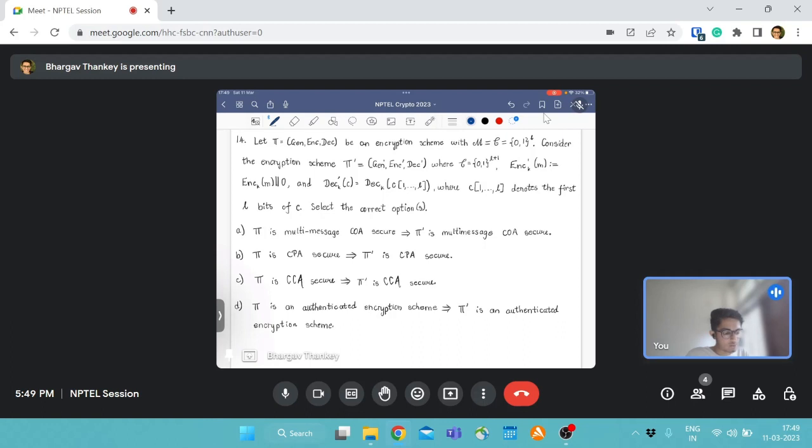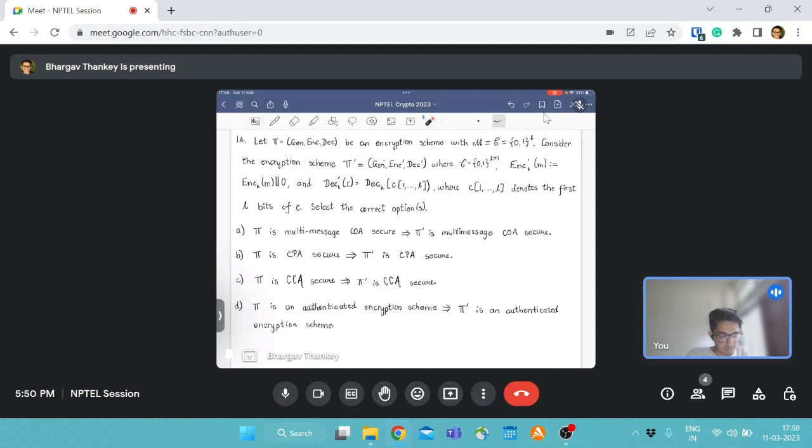To encrypt m using key k, we encrypt m using key k with the encryption algorithm of the scheme Π, and then append a 0 to it. The decryption algorithm uses the old decryption algorithm, but with ciphertext C_1 to l. So C is the ciphertext, and by C_1 to l, I just mean the first l bits of C.